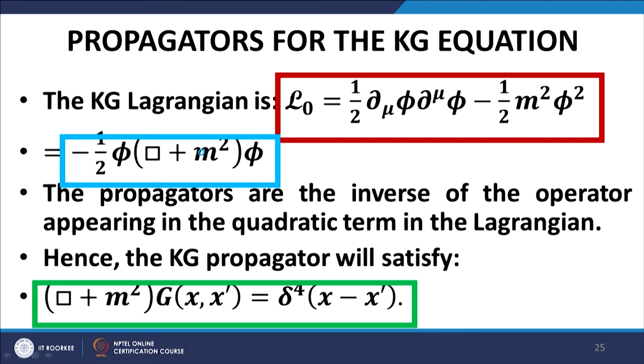The Klein-Gordon operator, box plus m square, operating on the propagator, which we are writing as g x minus x dash, gives us the delta function. So, in some sense we can say that the propagator is the inverse of the Klein-Gordon operator in the form that it appears in the Lagrangian.